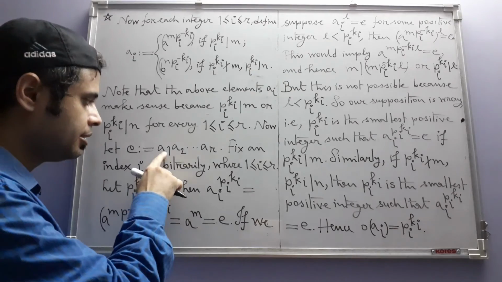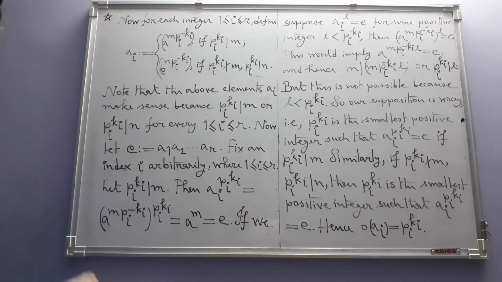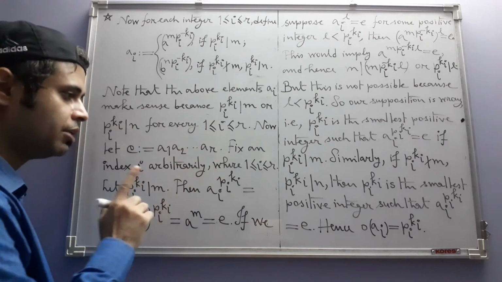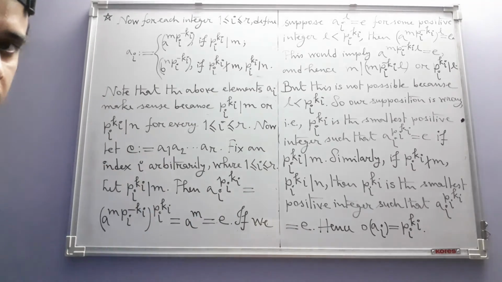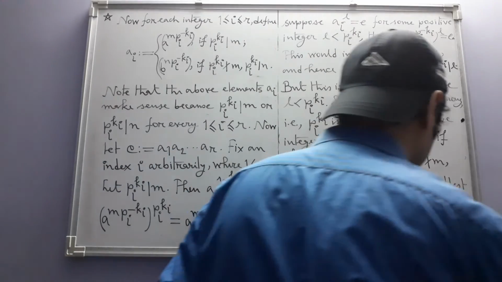In this case, p1 to the power k1 is relatively prime to p2 to the power k2, because p1 and p2 are distinct primes. So order of a1 a2 will be equal to p1 to the power k1 times p2 to the power k2 from the first paragraph.